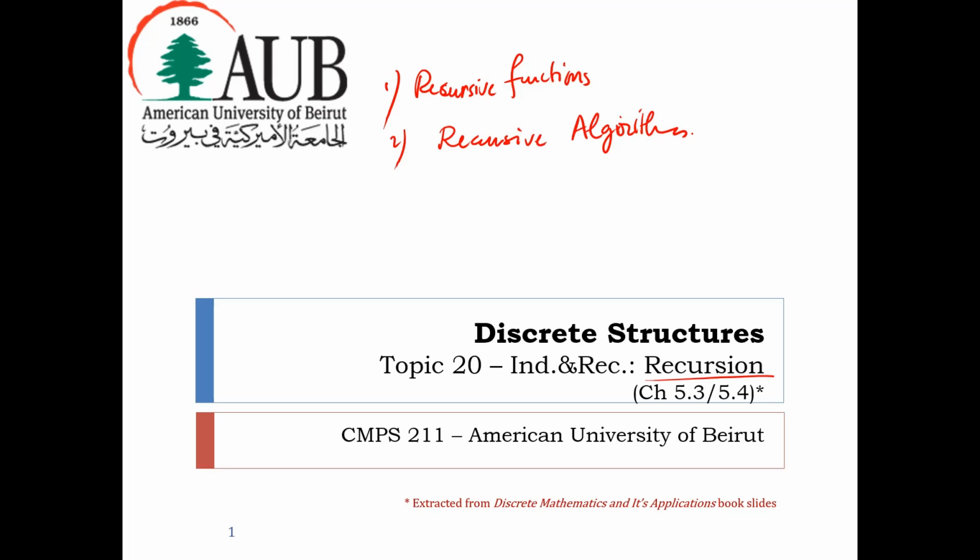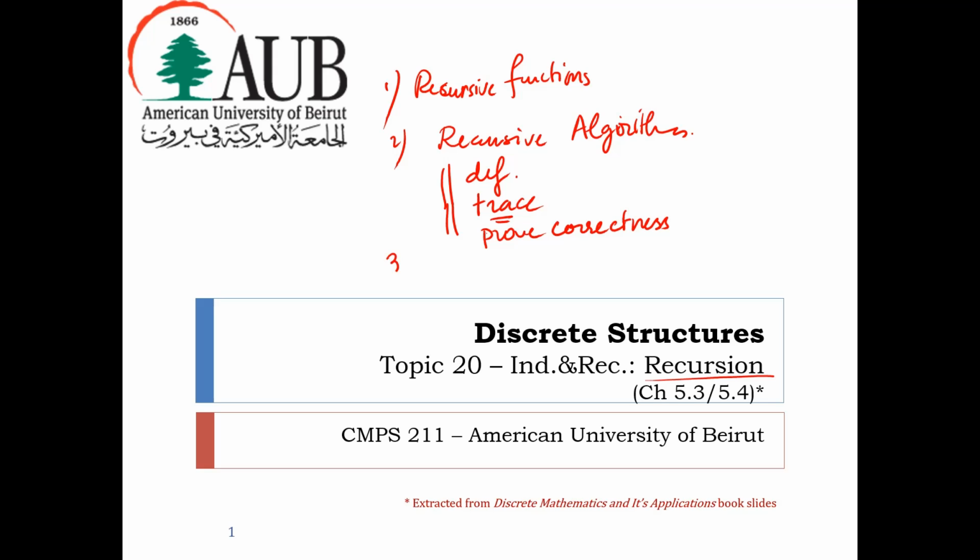So we should be able to define them and to trace them to actually know how they would execute at runtime. So it's really important, the second part, so that you can also prove their correctness. Typically, this relates to the proofs by induction.